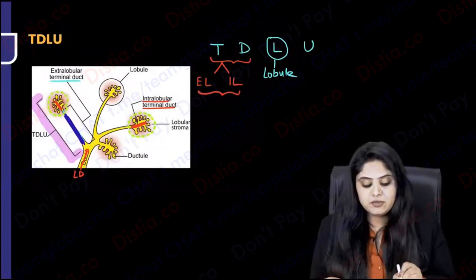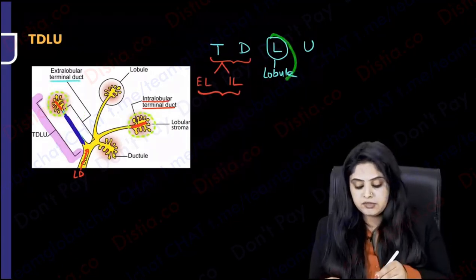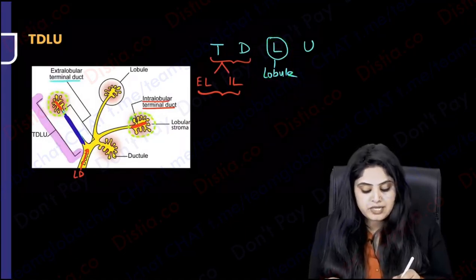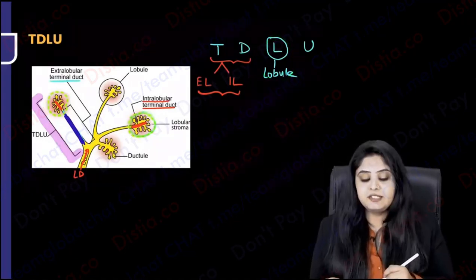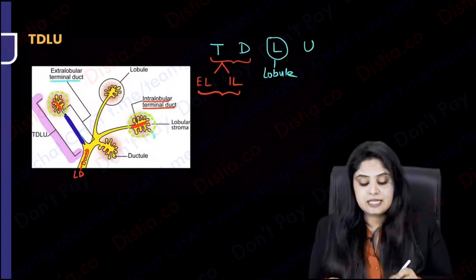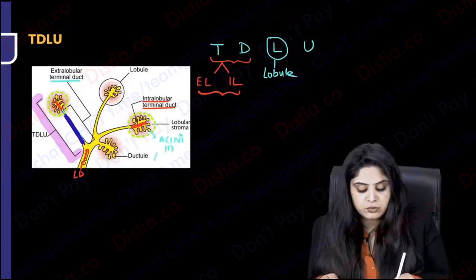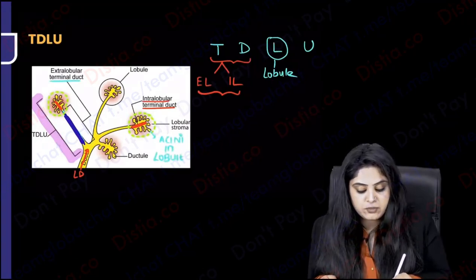So everyone's clear with what the ducts are, extralobular, intralobular, but now we need to know what is this lobule that I'm talking about. What exactly is this lobule? You can see that this lobule is going to have a lot of these sacs or acini. There are a lot of acini that are going to be present inside the lobule. So a bunch of acini are going to make up the lobules.